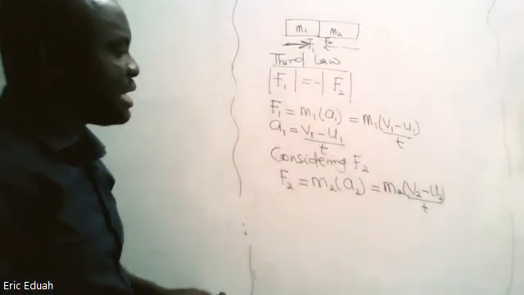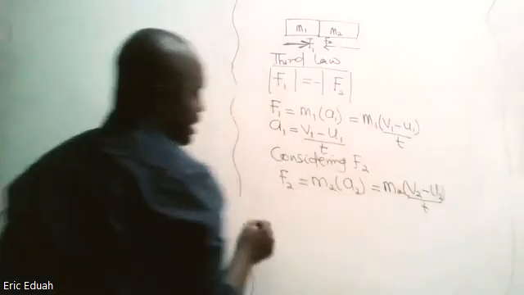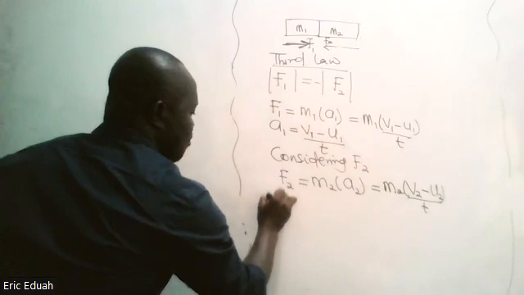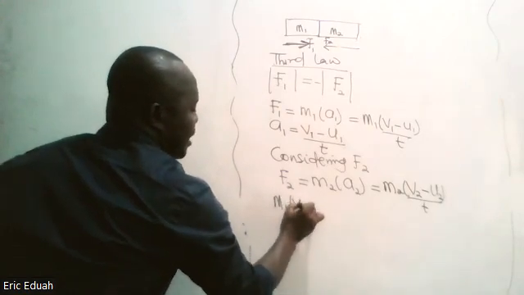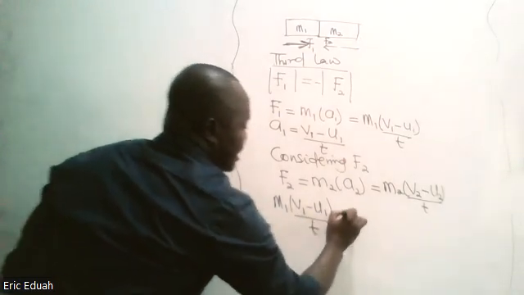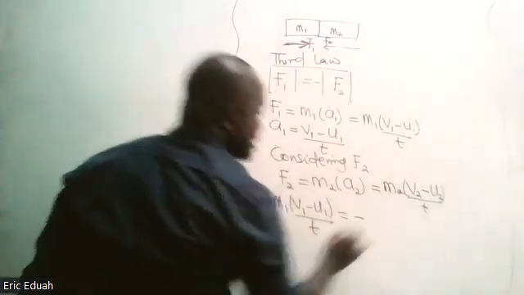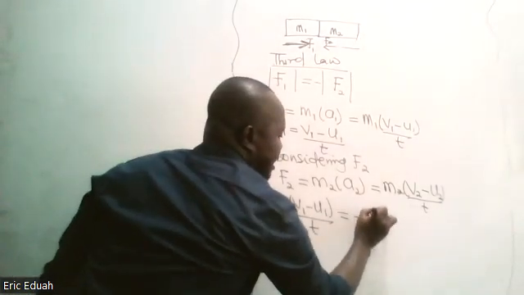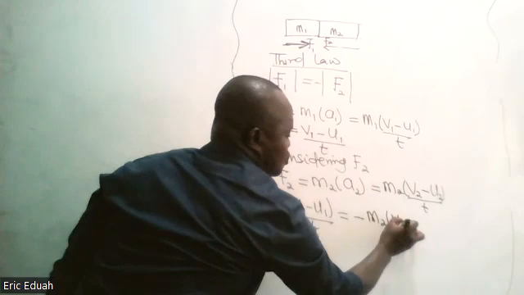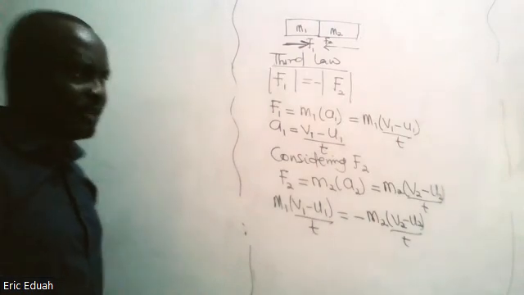Now let's put the expressions for F1 and F2 respectively into this third law equation. So we have m1 (v1 minus u1) on t is equal to, don't forget there is a minus here, minus m2 (v2 minus u2) also on t. Laurie, are you there?